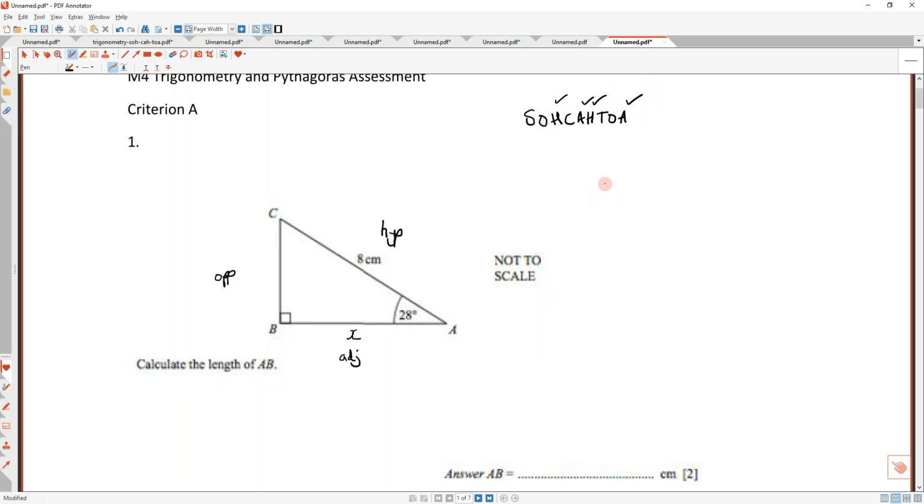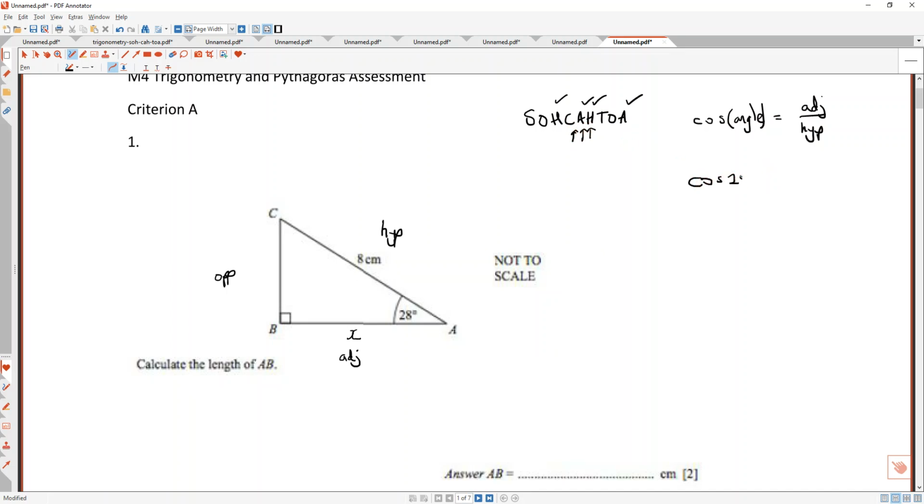So I'm going to use cos. Now the formula for cos is cos of the angle equals adjacent over hypotenuse. Okay, cos equals adjacent divided by hypotenuse.